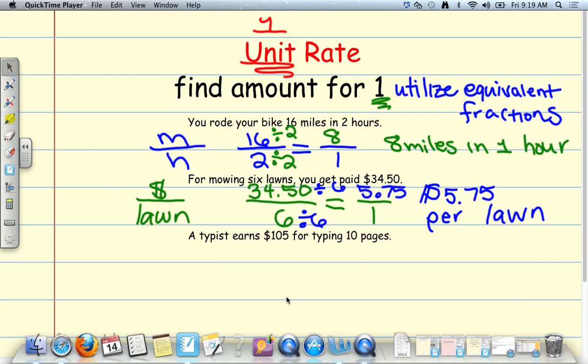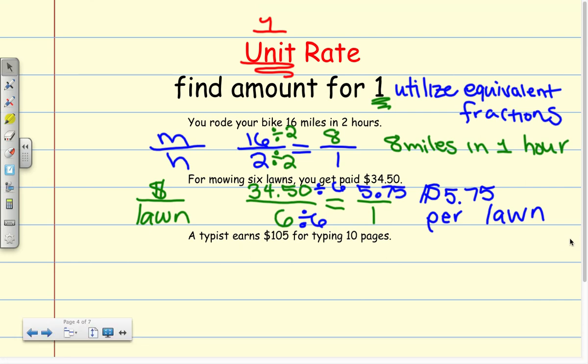All right, I'm going to finish this one up, okay? So if a typist earns $105 for typing 10 pages, my goal is I want to know how much money does the typist earn for 1 page. So I'm looking at money per page, dollars per page.